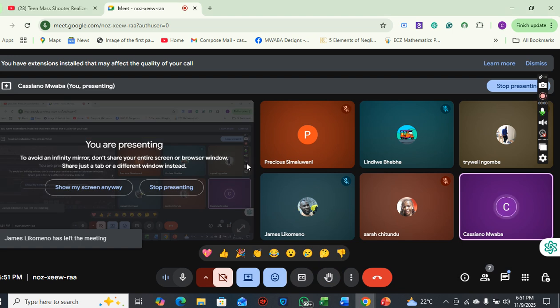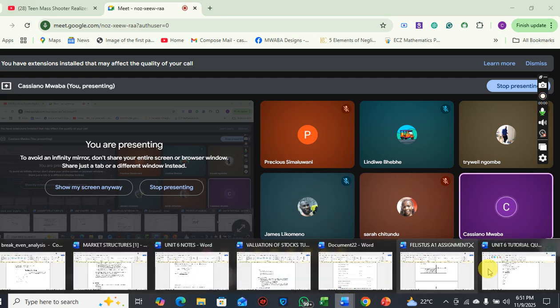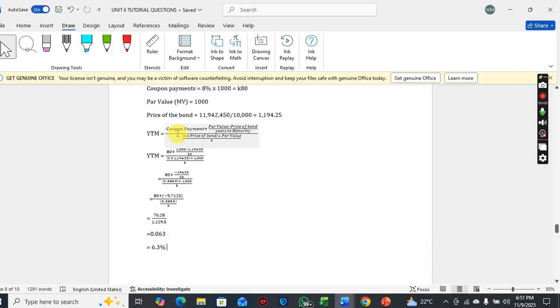What would we have done? When it's paying semi-annual coupon payments, you adjust the coupon payment, you still divide it by 2.